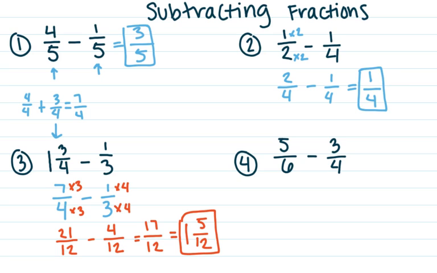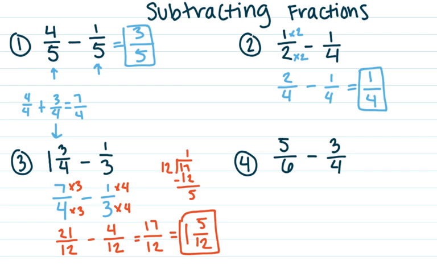Again, if you can't do what I just did in my head, what I'm technically doing is a little division problem. I'm asking myself, how many times does 12 go into 17? 1 time. How many are going to be left over? 5. And that's the piece of the fraction that I have. So that's my numerator.